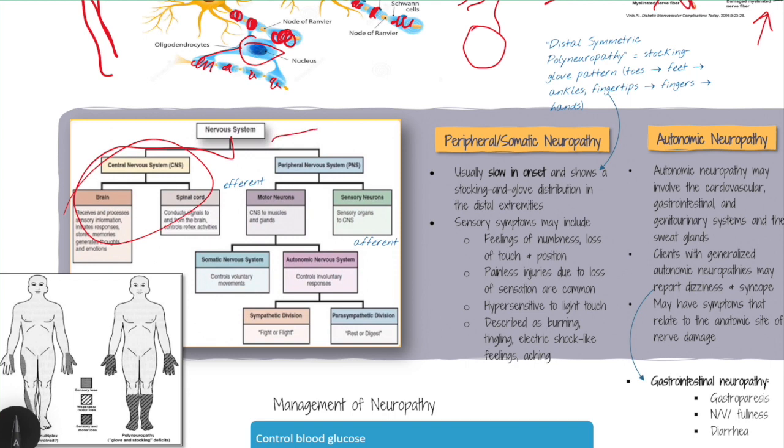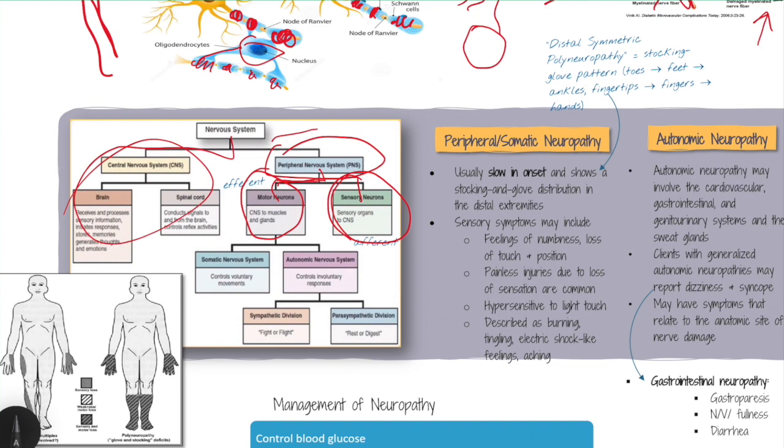We've got the peripheral nervous system, which includes your motor neurons and your sensory neurons. So you've got your afferent nerves that are sending signals to your brain to tell you what you're sensing, and your efferent nerves that are sending signals to your muscles so that you can do things, right?